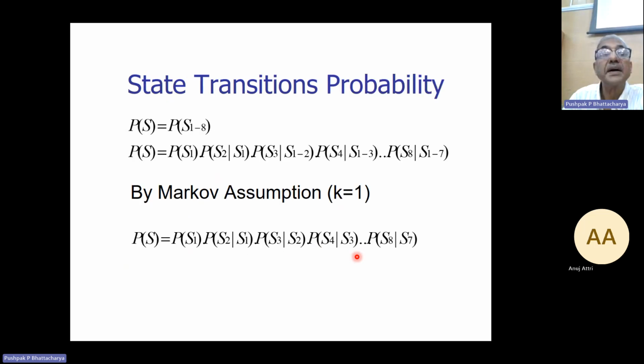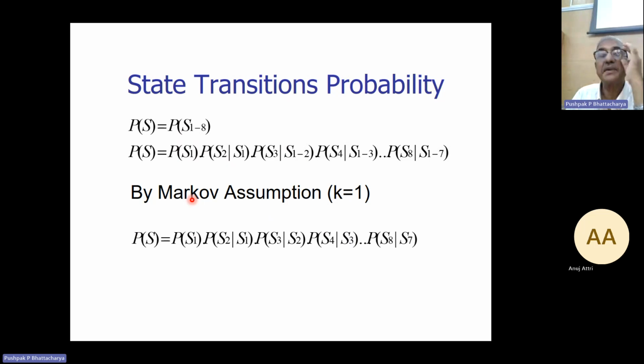Now comes the mathematical manipulation. Probability of S is probability of S1 to 8, the sequence of states from 1 to 8, which by chain rule is probability of S1 into probability of S2 given S1 into probability of S3 given S1 and S2, probability of S4 given S1 to 3, and probability of S8 given S1 to 7.